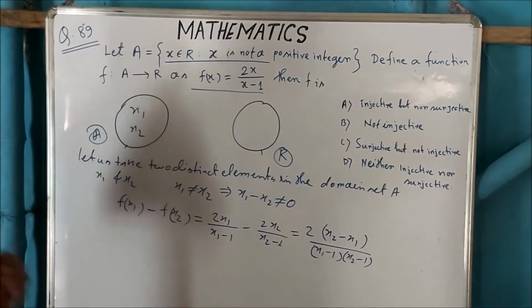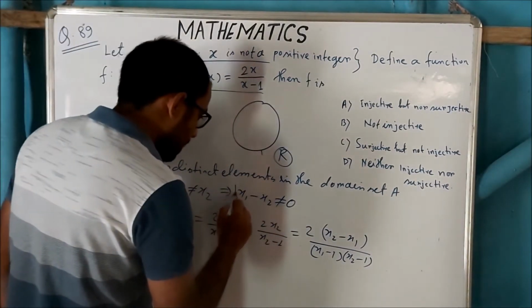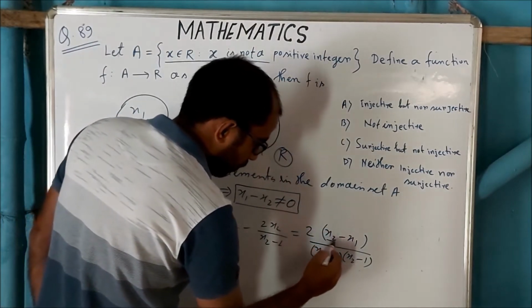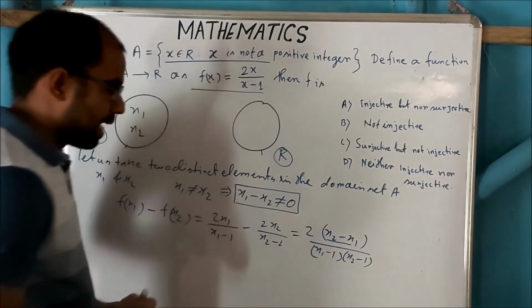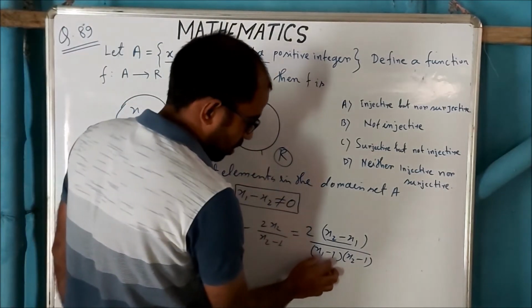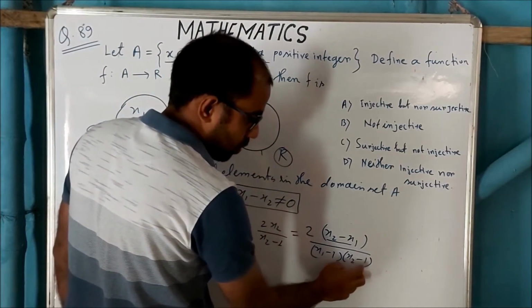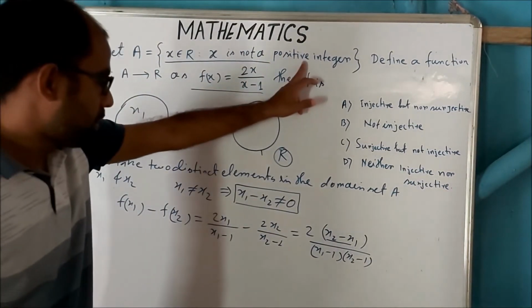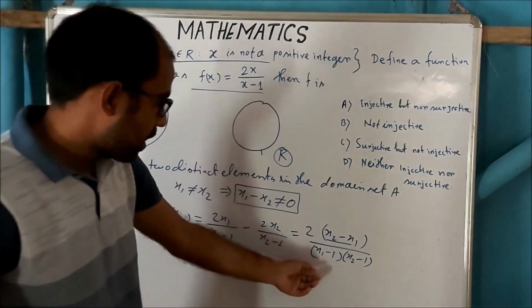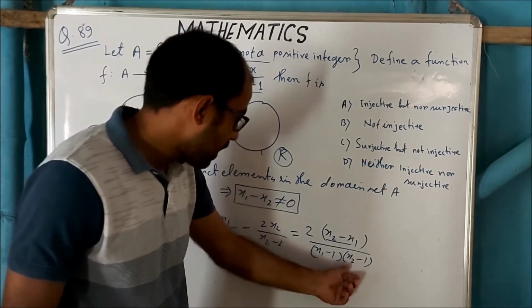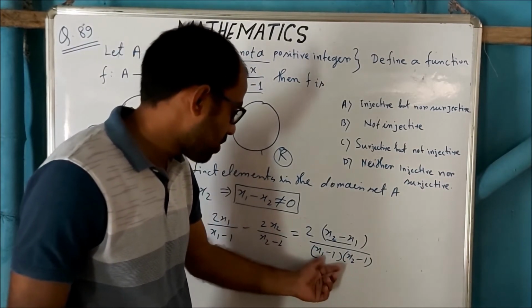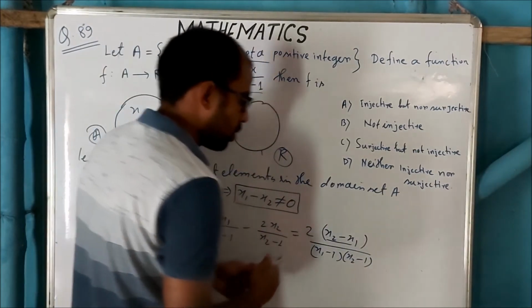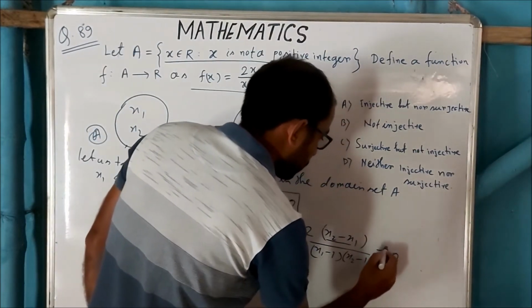Here we see that x2 minus x1 is not equal to 0, that means this value is not equal to 0. And again x1 minus 1 is not equal to 0 and x2 minus 1 is not equal to 0 because x is not a positive integer. So you cannot take x1 or x2 equal to 1, which is not taken here. So this value is not equal to 0.